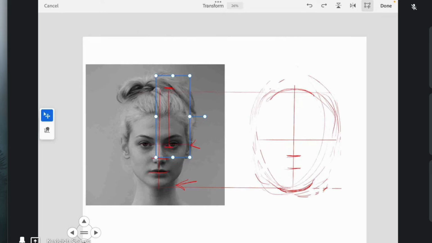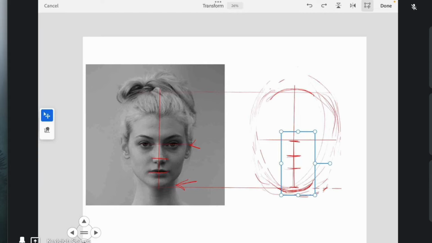We can also do things like from the eye to the bottom, so half of our face, and measure that to the width of the eyes. So from the outside of one eye to the outside of the other eye, that is the same as the height from the eye line to the chin. So let's take this over here.